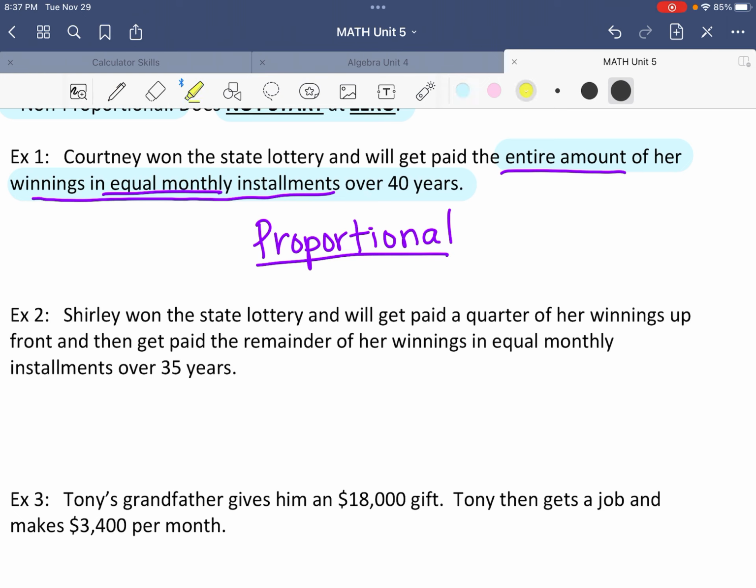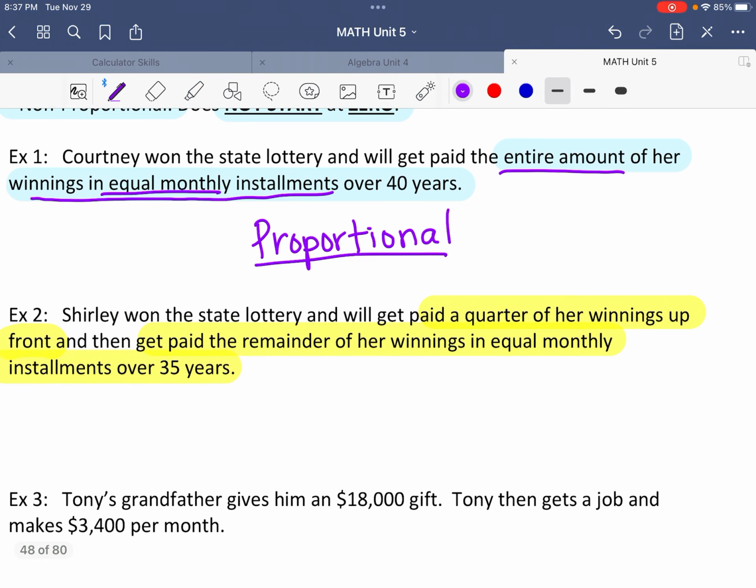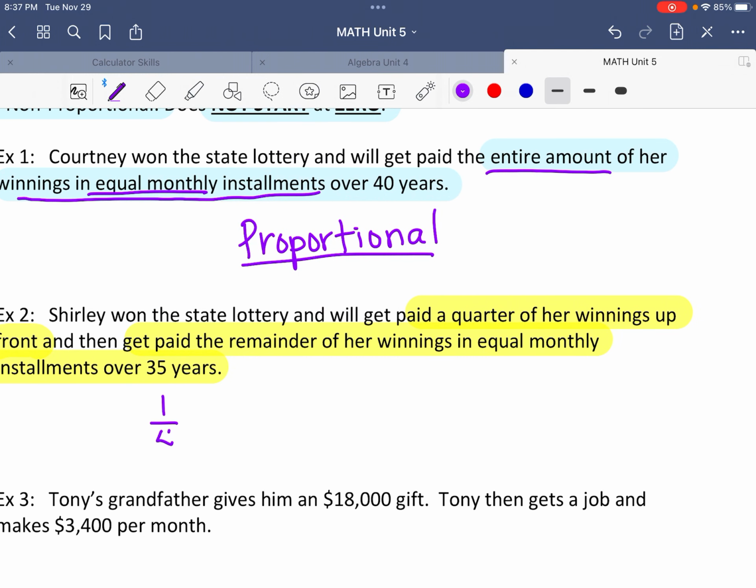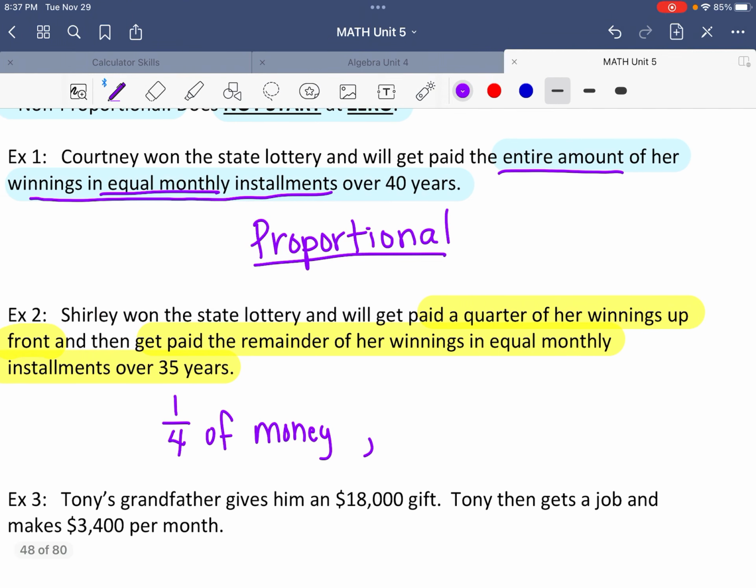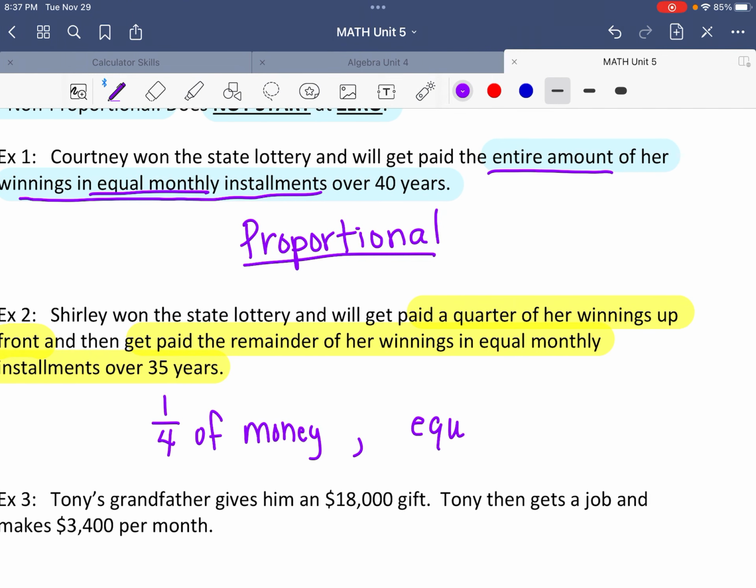Shirley won the state lottery. Also, she starts with nothing and will get paid a quarter of her winnings up front and then get paid the remainder of her winnings in equal installments over 30 years. So she's getting 1/4 of the money first and then equal payments.